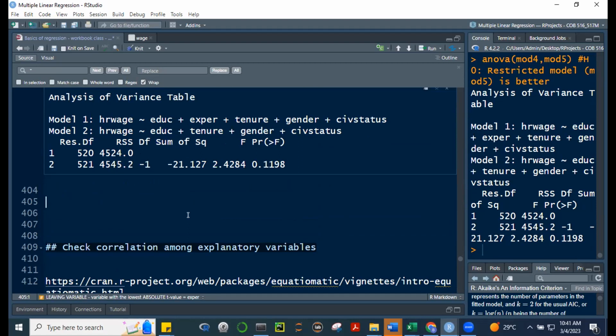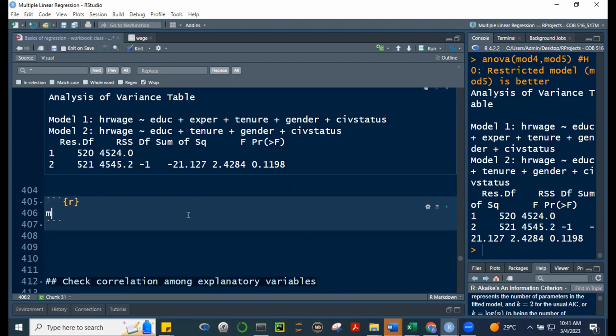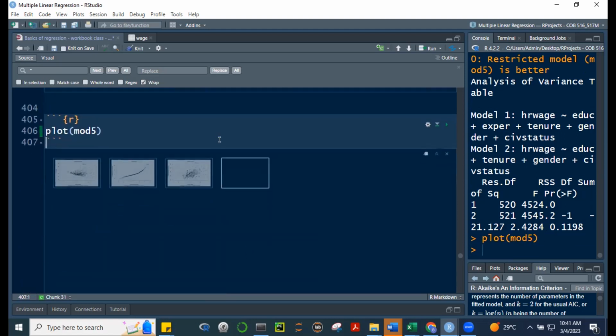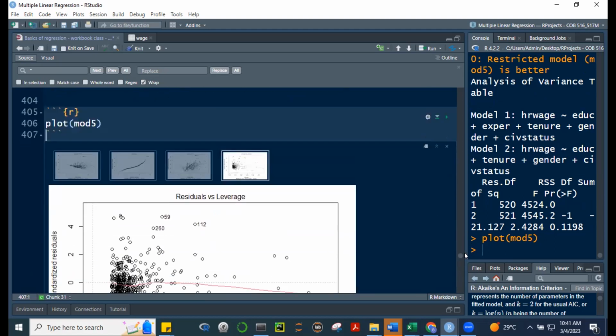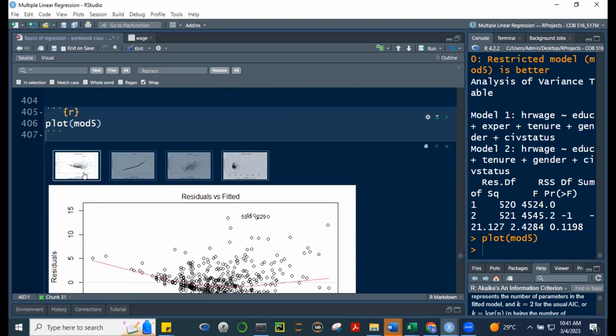Now, first thing, let's take a look at model 5, because we can use the plot function on model number 5, and let's see what happens. If I run this, you notice that there are four plots here. This is the first plot, and this is the fourth plot.